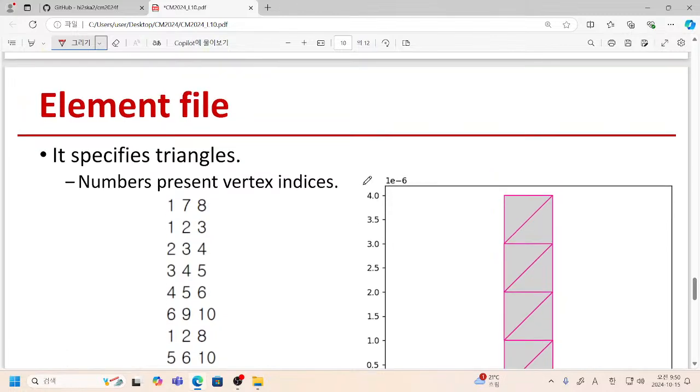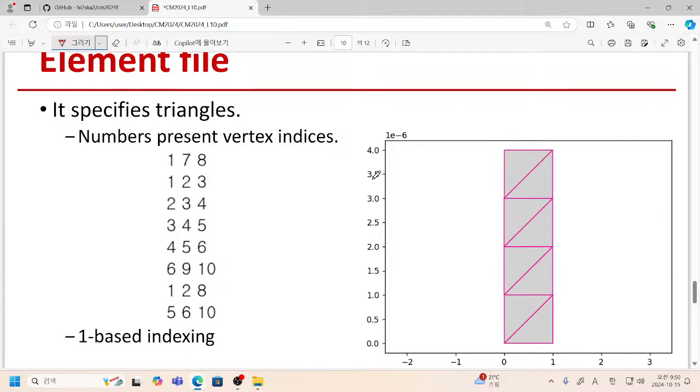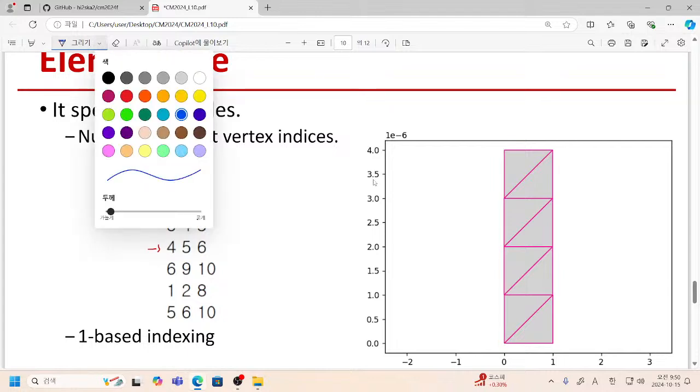If we draw it, then you can identify those 10 points, and that is also described in a different file. I named it the element file, and here you can see a list of 3 different integers. These are not floating point numbers, but integers, and these integers are used to identify the index of your vertices. So here 1 means the very first point we had. What was the very first point we had in this case?